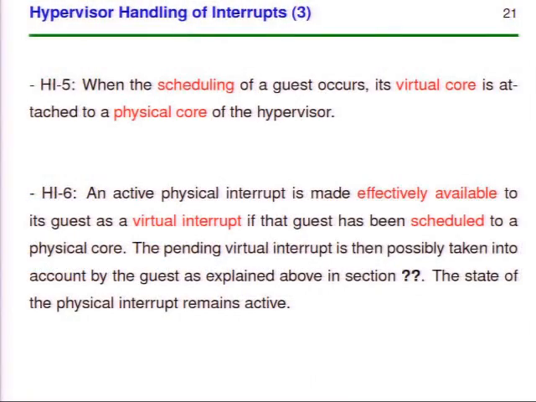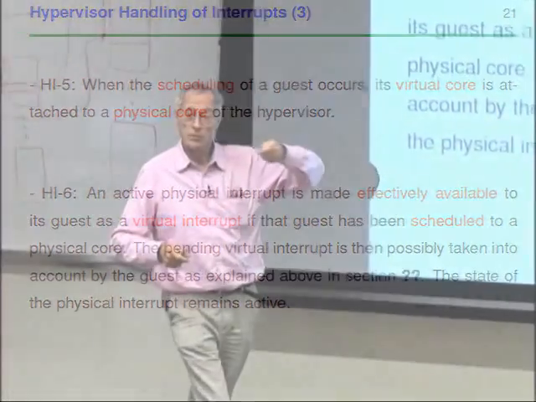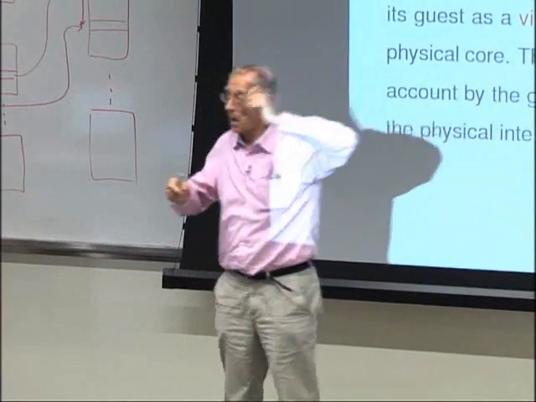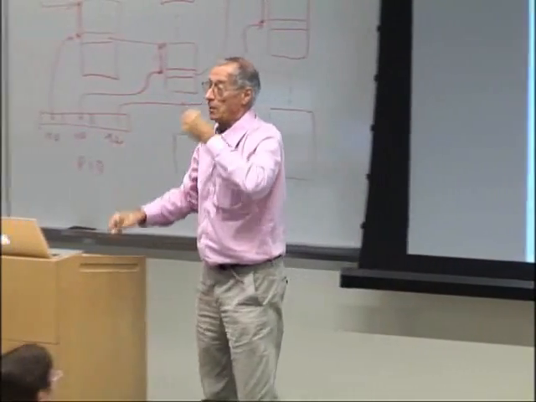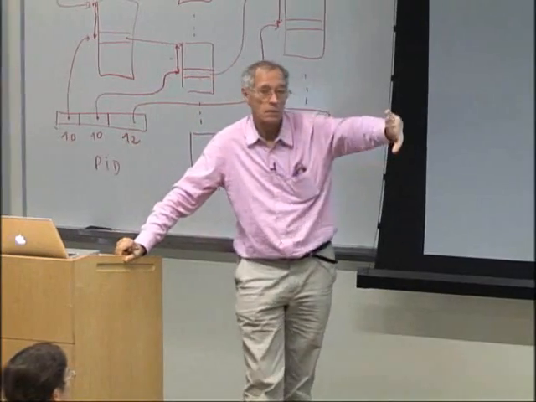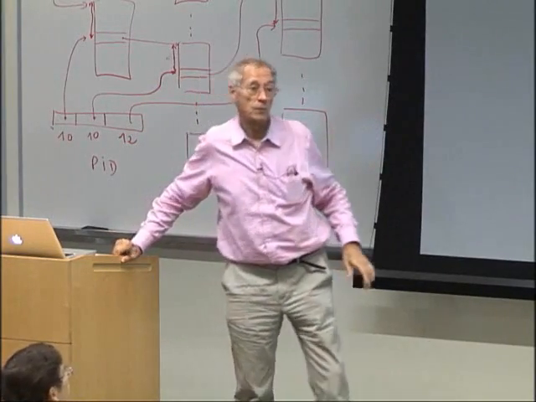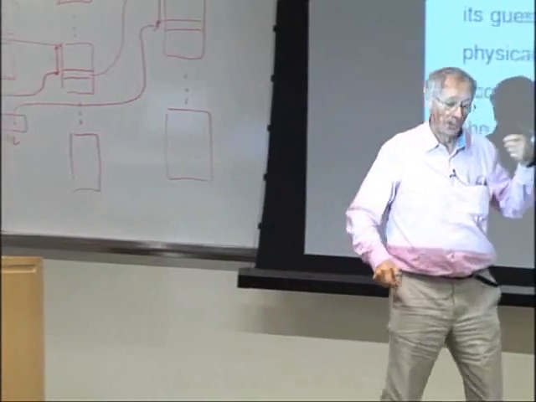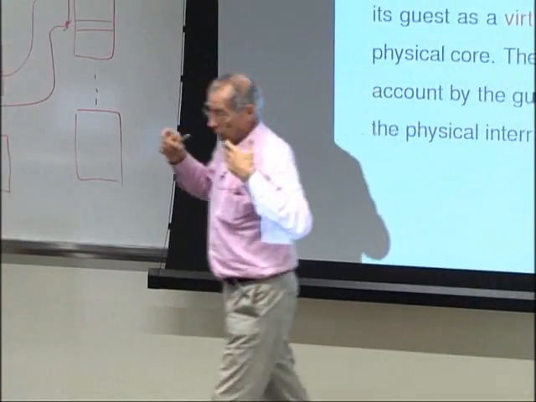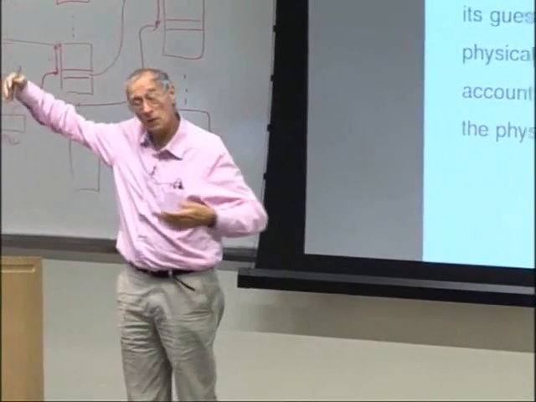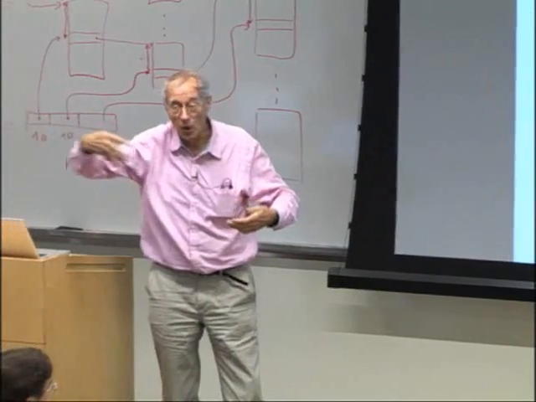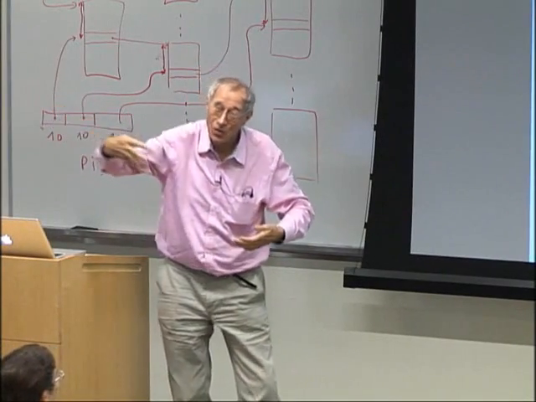And then things continue exactly as I have said. The virtual interrupt arrives, and now the guest does its own business on this interrupt until the moment the guest finishes treating the interrupt. So it sends an end of interrupt, which is a virtual end of interrupt.